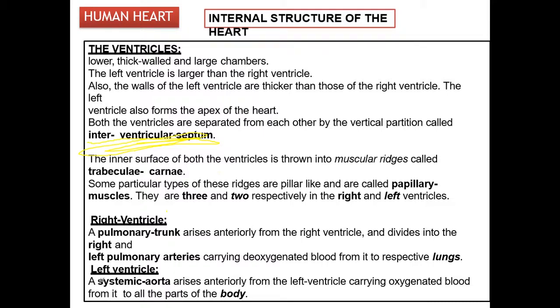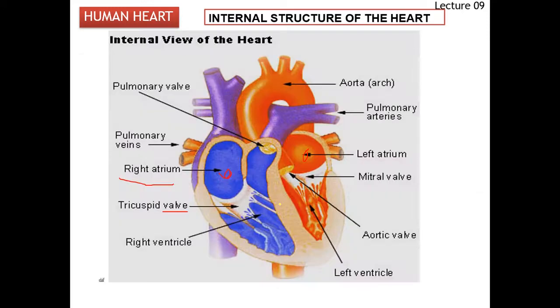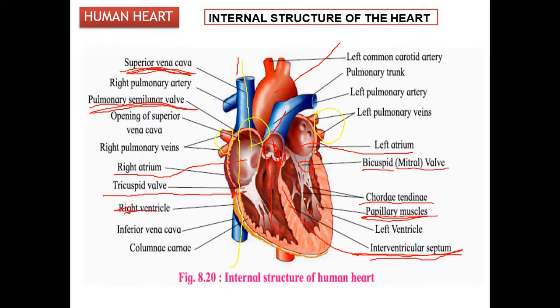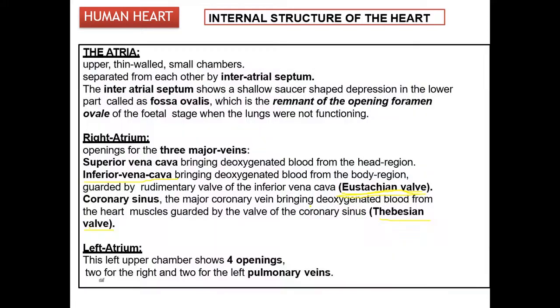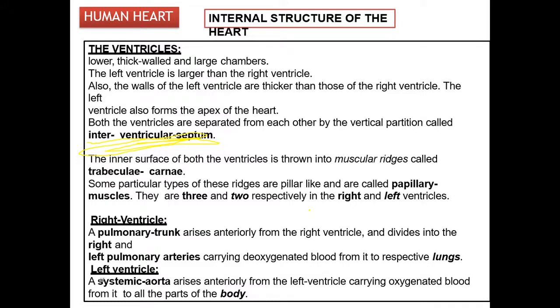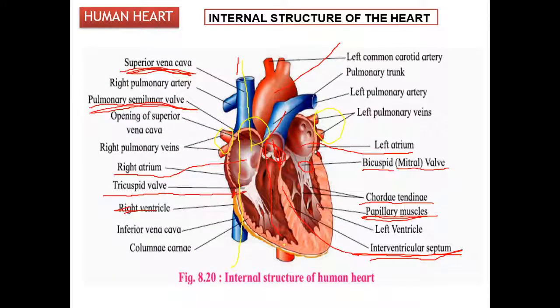The inner surface of both ventricles has muscular ridges. As I told you, there are some pyramidal-shaped structures present here, known as chordae tendineae.